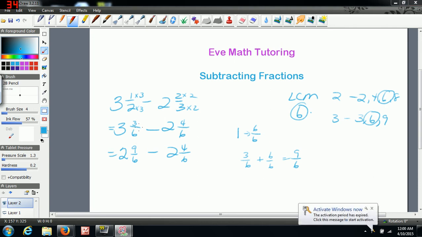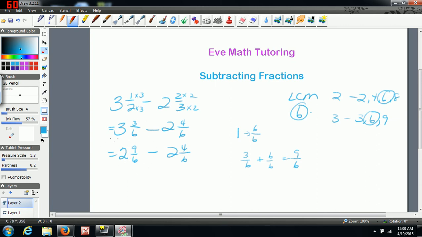But what I'm doing is I'm actually adding that to my fraction, which now becomes 9/6. And that does make sense, because if I transfer this back into a mixed fraction, it would be 6 goes into 9 once, and 3 over 6 would be left over, and that 1 would add to this. So that's how you get that answer.